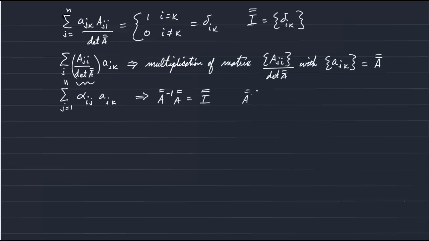The ijth element of the inverse matrix is alpha ij, and that is equal to the jith cofactor matrix, not ijth, divided by the determinant of A. And the jith cofactor matrix is defined as the adjoint of A.